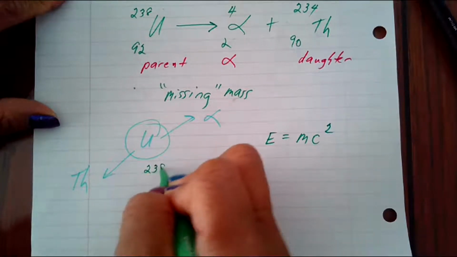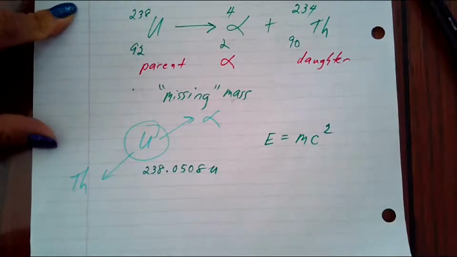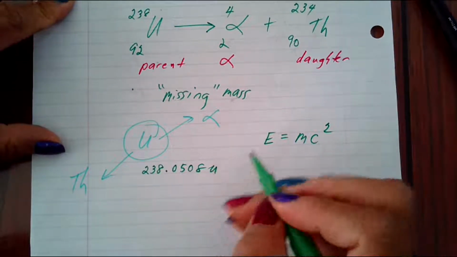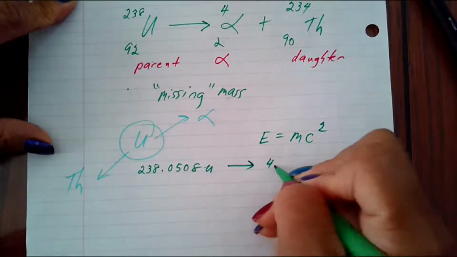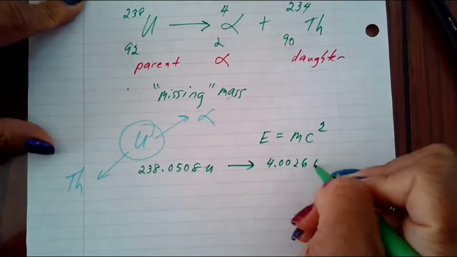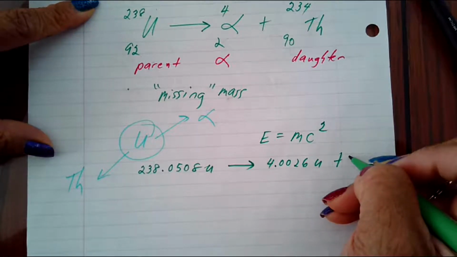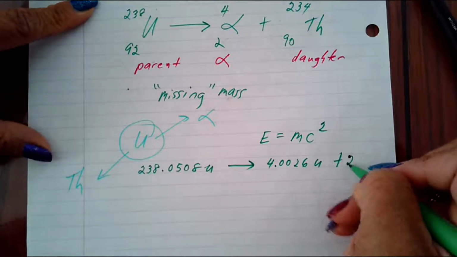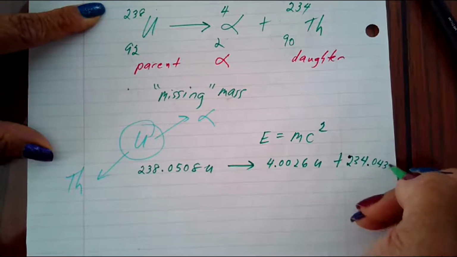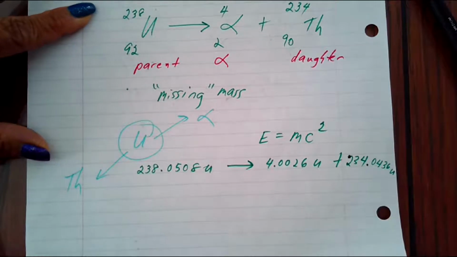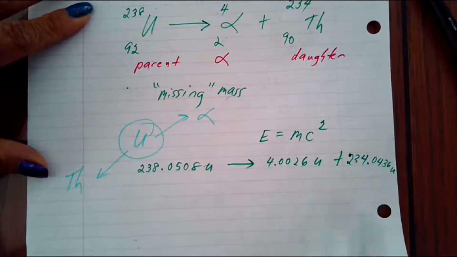It's 238.0508 atomic units for the uranium, and the alpha is 4.0026 atomic units, plus the daughter nucleus of thorium is 234.0436 atomic units. So as you can see, this would be greater than that.